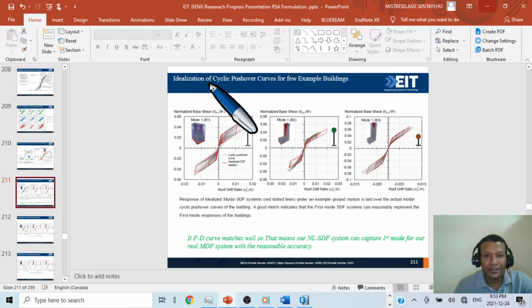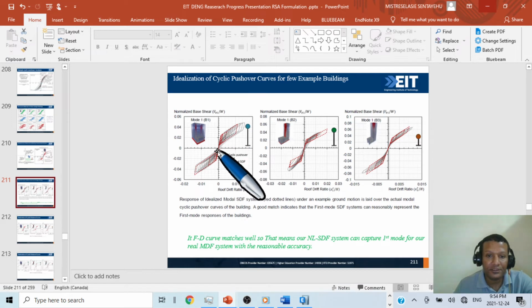This is also the idealization of the cyclic pushover curve for a few example buildings. This is also the same. They applied the cyclic pushover, and they found the hysteresis loop pushover curve. After they idealize it, they assign it to the nonlinear single degree of freedom system. Then they apply the earthquake or any load pattern for your building.